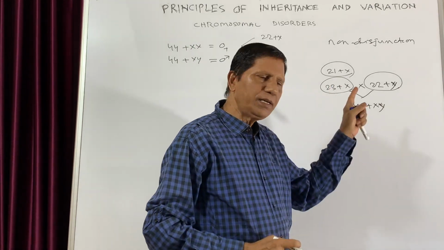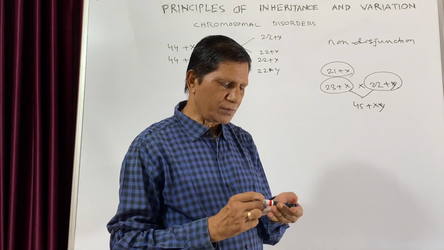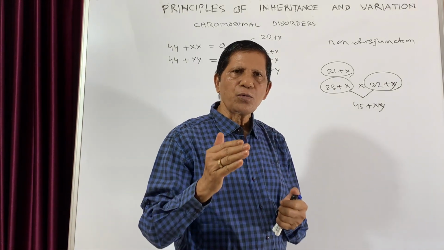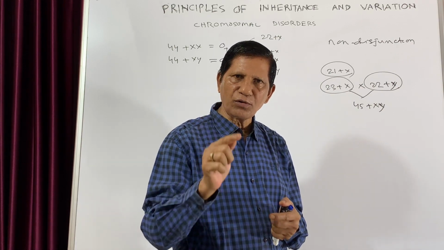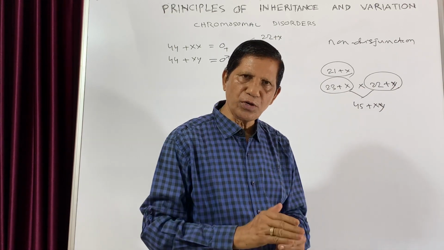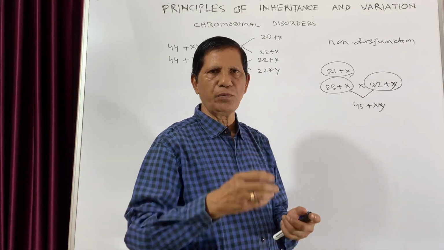It may happen with the sex chromosome, or it may happen with the autosomes. So when there is any increase or decrease of one chromosome, whether autosome or sex chromosome, it will lead to aneuploidy.